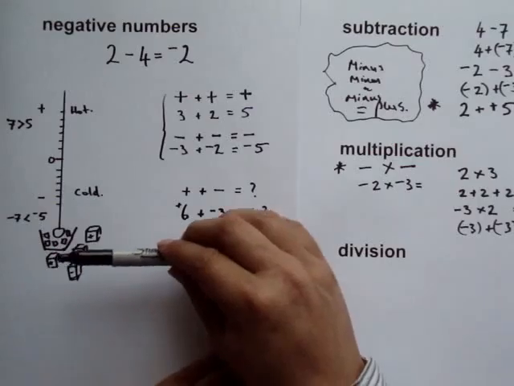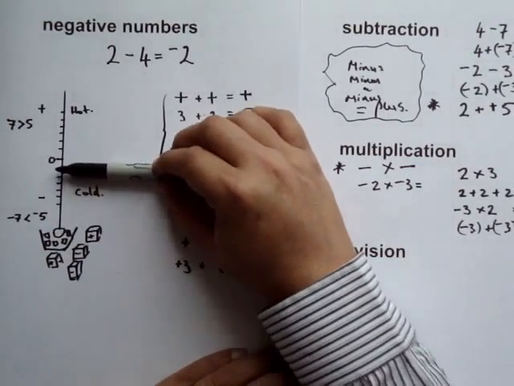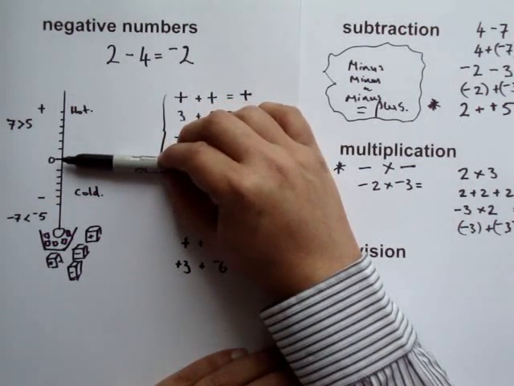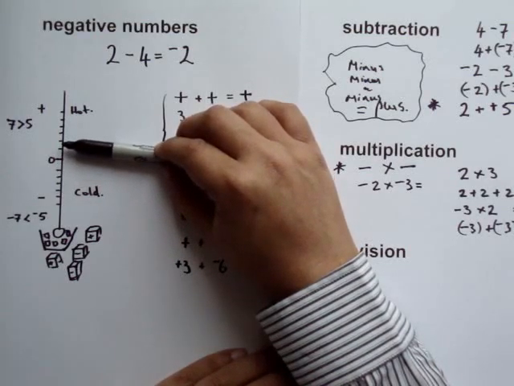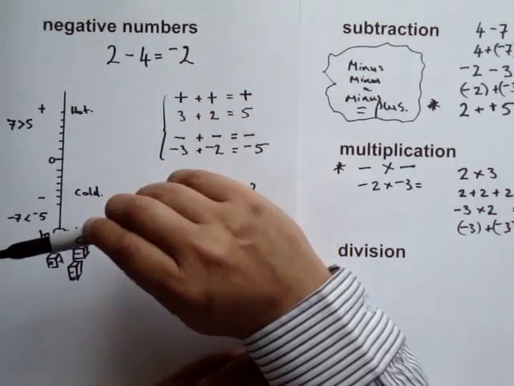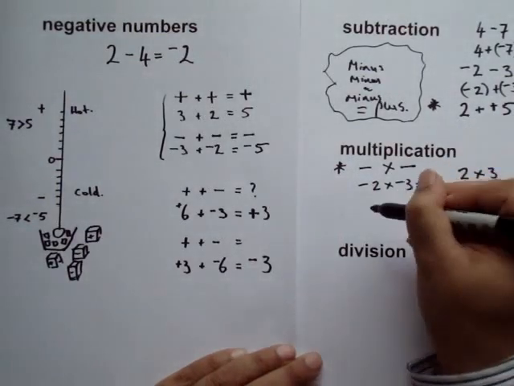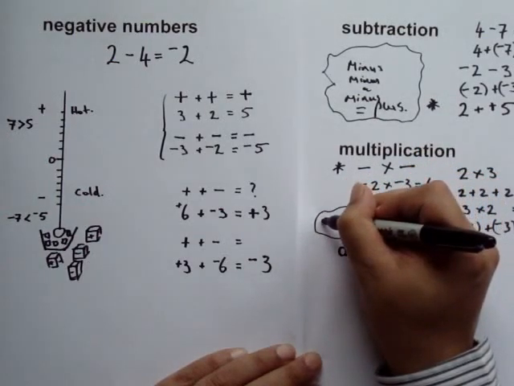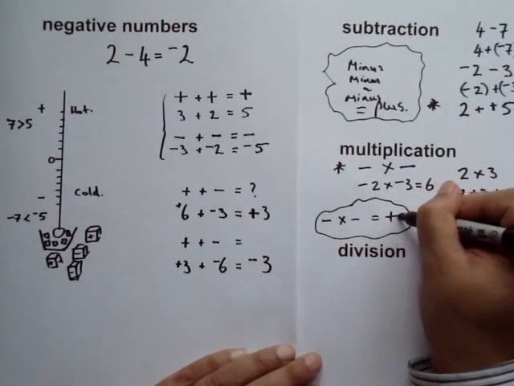Well, in this case, we're taking away negative cubes. Like in the addition case, we're going up the scale. So this is like going minus 2, we take away minus 2, we take away minus 2. So we end up with plus 6. So a minus times a minus equals a plus.